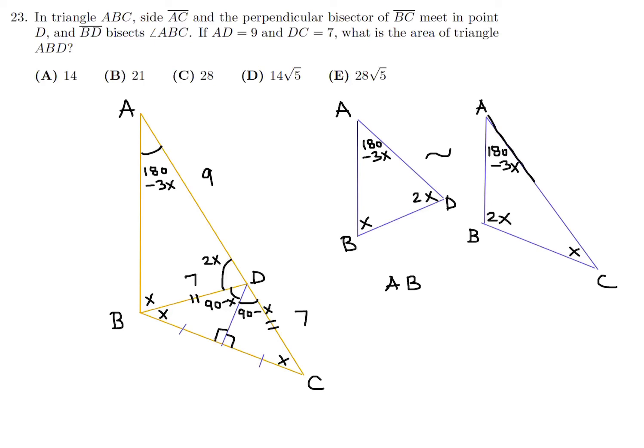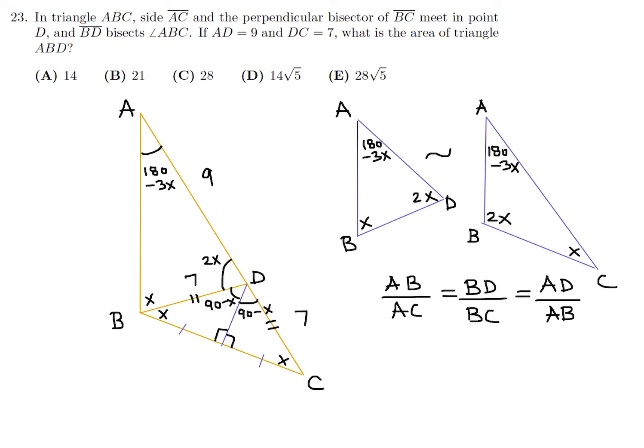It's AC. So those sides have a ratio that will be equal to the ratio of the other sides. So BD in this triangle is the x, 2x side, and on the other triangle, the x, 2x side is BC. And similarly, the last side, which is AD, will be equal to AB on this triangle. Okay? So that's the relationship directly from similar triangles.